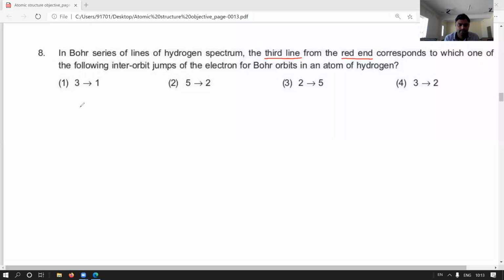Red end means the red color end. The spectral lines present in the visible region means it is the Balmer series.